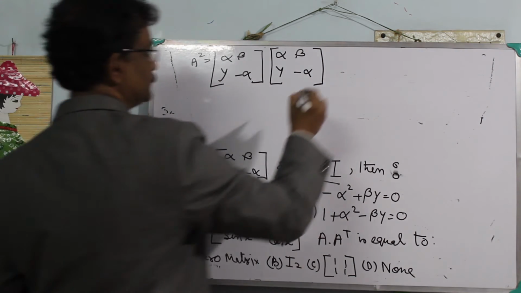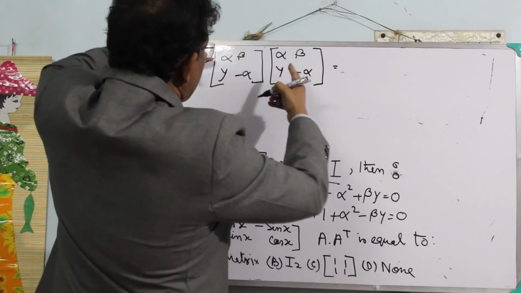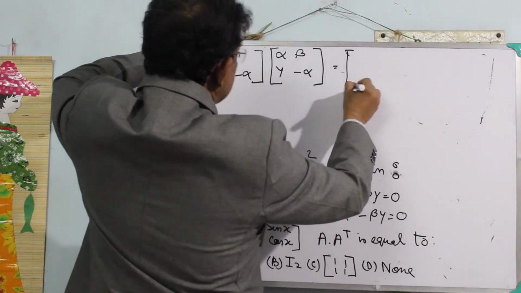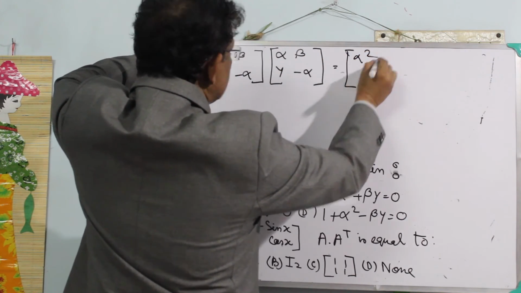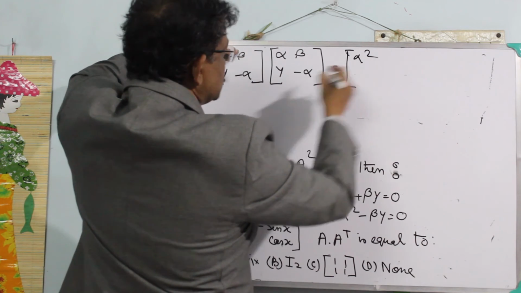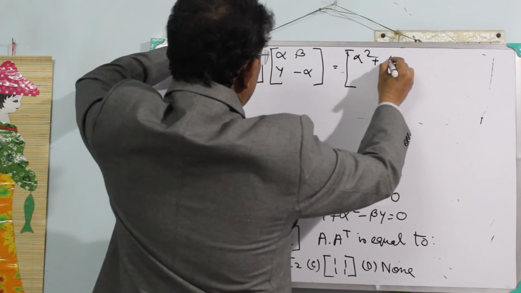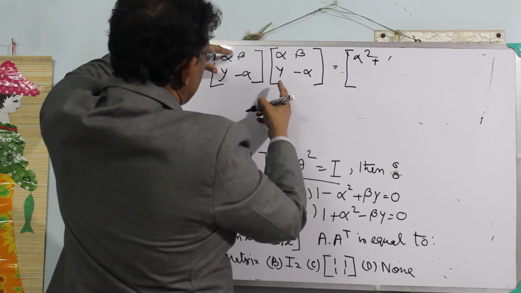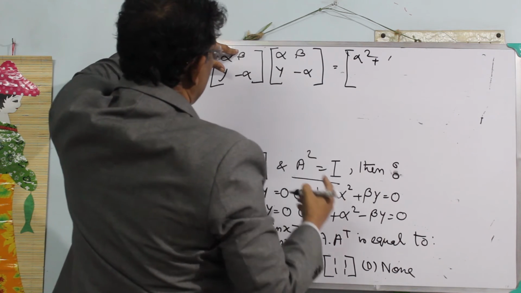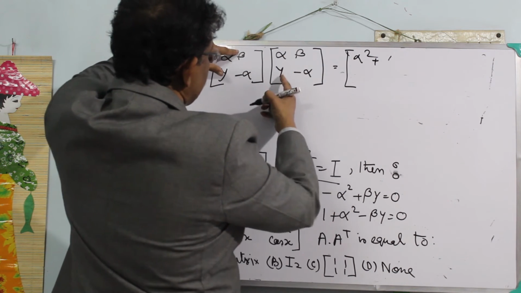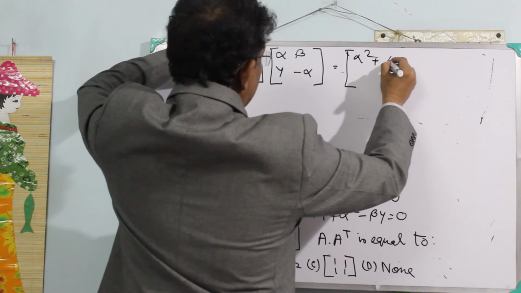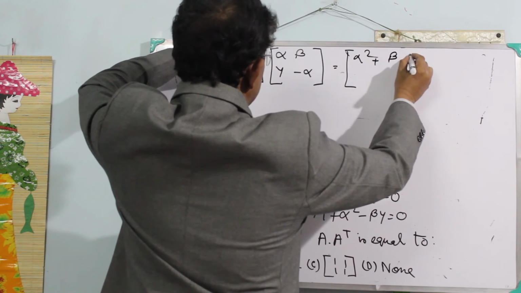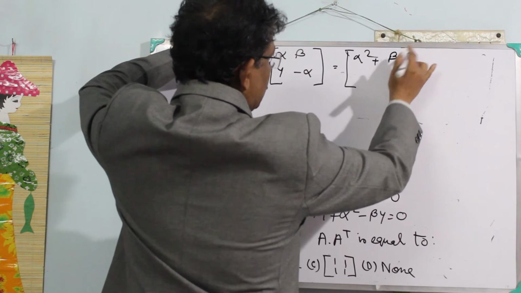So the product: first entry, alpha square plus beta gamma.